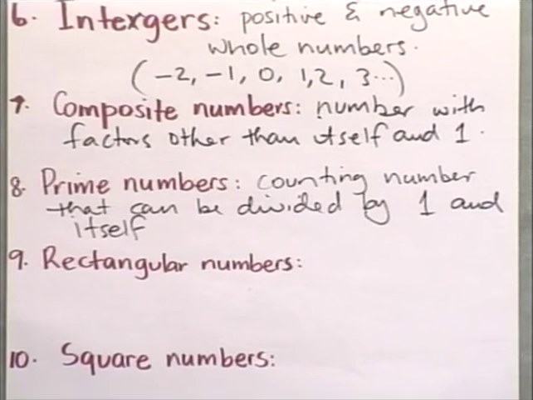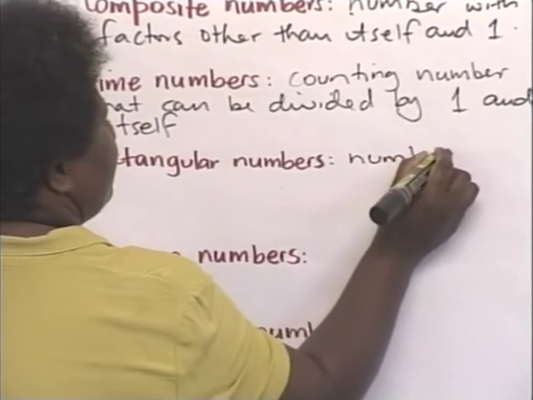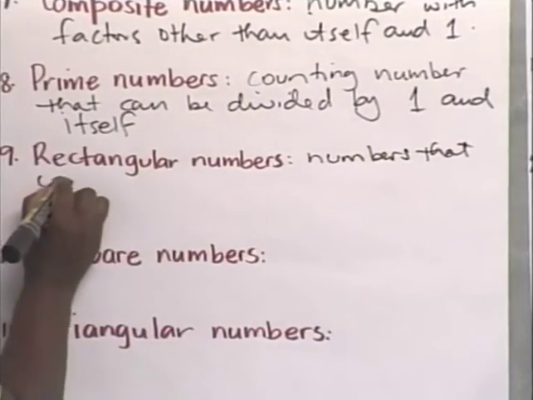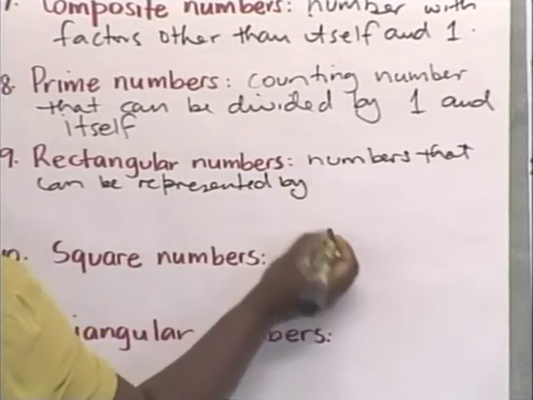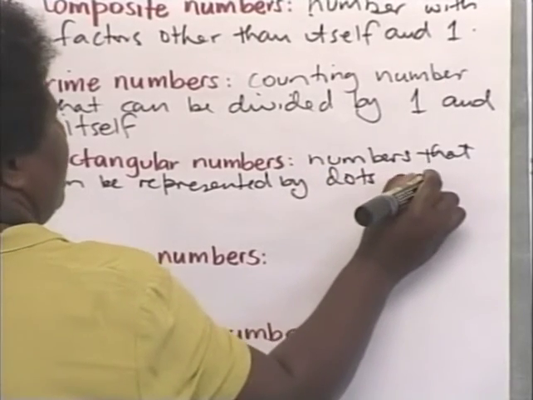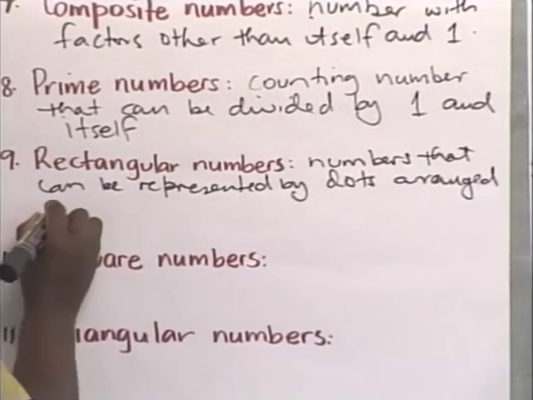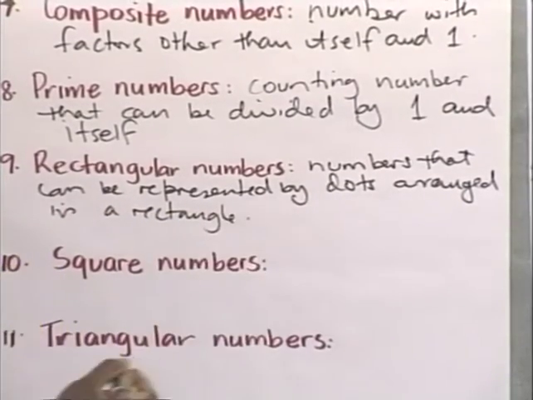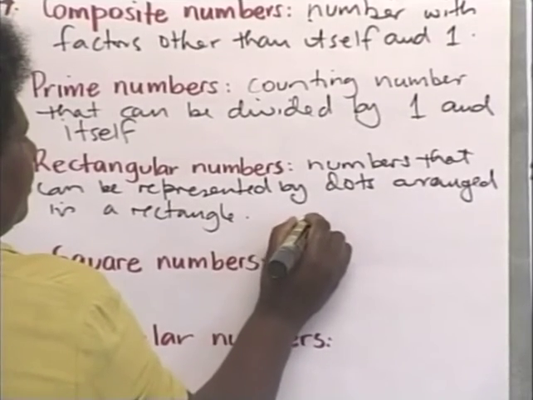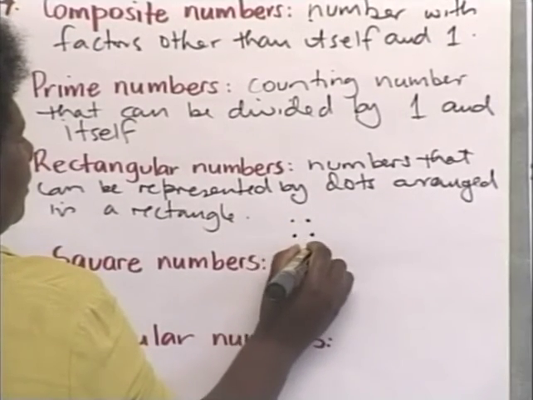Okay, rectangular numbers. Numbers that can be represented by dots arranged in a rectangle. For instance, 6.